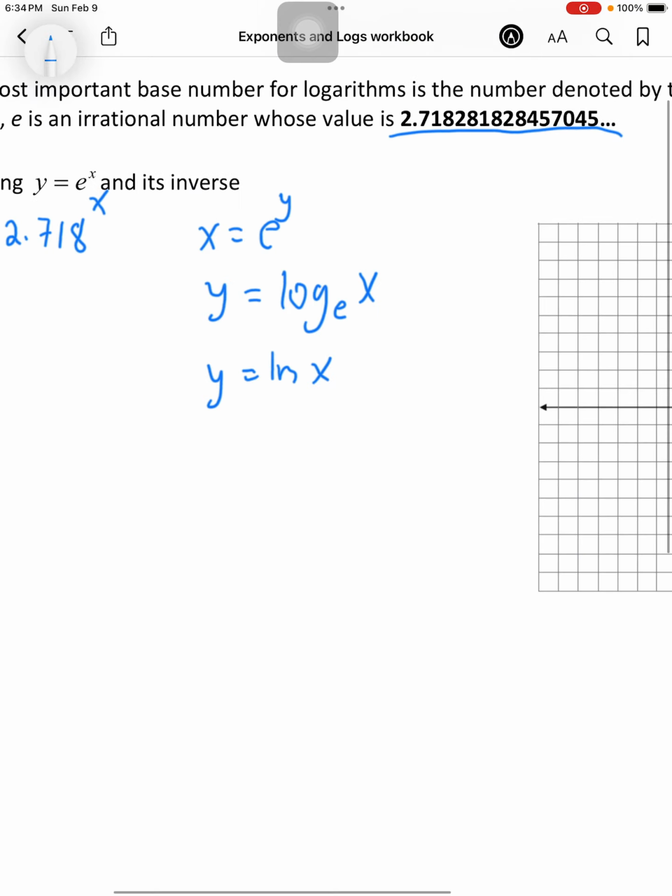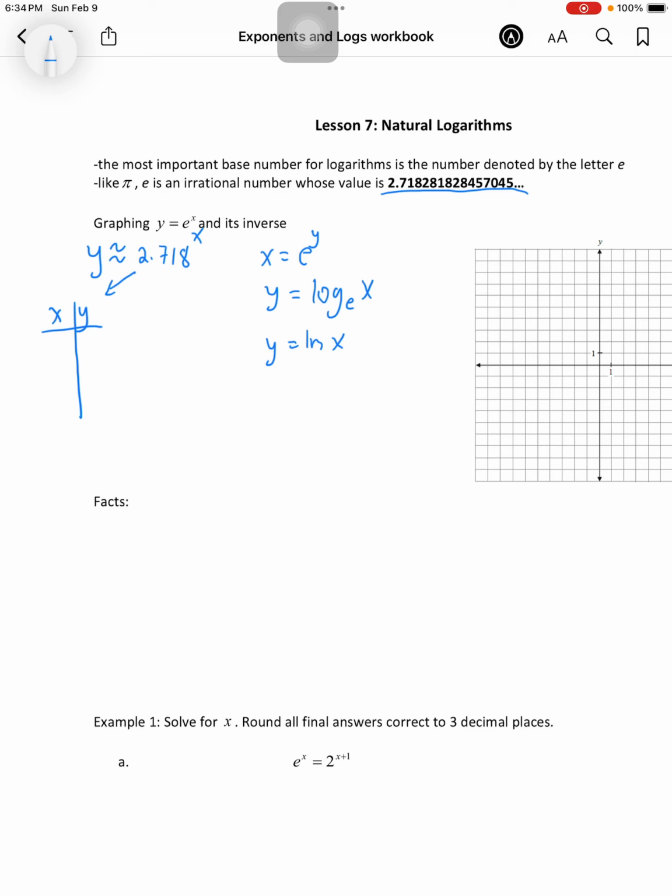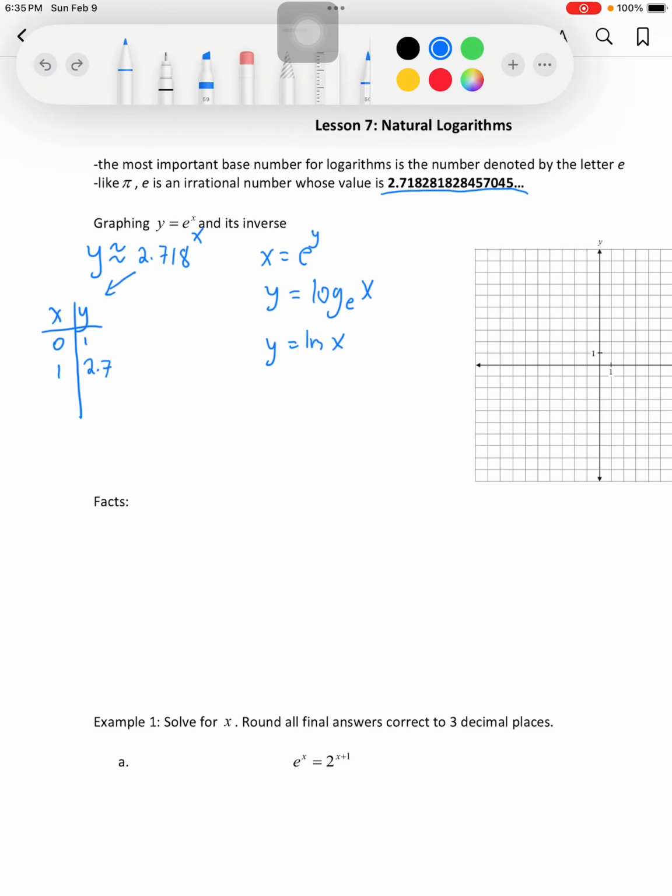So here, if we were to graph it, with x and y, if I plugged in 0, anything to the power of 0 is going to be 1. If I plugged in 1, it's going to be the same number. I'm just going to do 2.7 for now, because since we're graphing it, you can't really see the other decimals.